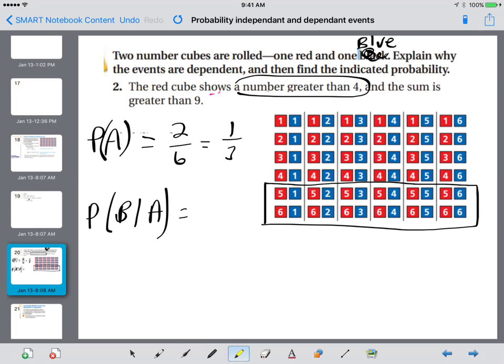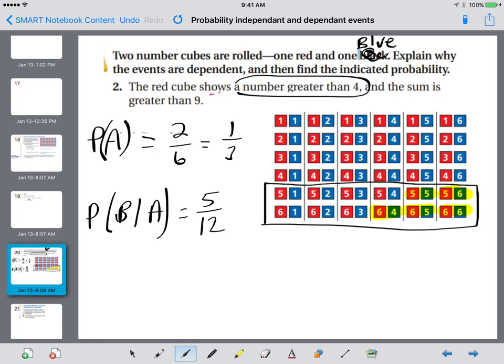Now we need to highlight the options that give us a sum bigger than 9. 6 plus 6, that's bigger than 9. 5 plus 6, 6 plus 5, 5 plus 5, 6 plus 4. All of those have a sum bigger than 9. When we get to 5 plus 4 and 6 plus 3, that's equal to 9. It's not bigger. So the probability that event B happens, we get a sum bigger than 9, given that A happens, we had a red cube show a number bigger than 4, is a 5 out of 12 chance.